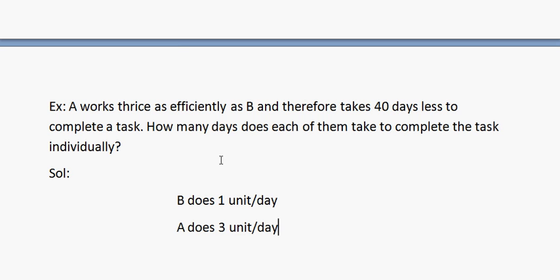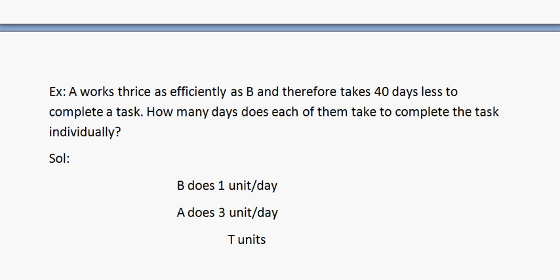And therefore A takes 40 days less to complete the task, right? How many days does each take to complete the task individually? Now if the task has T units to be completed, how many days would B take to complete these T units?